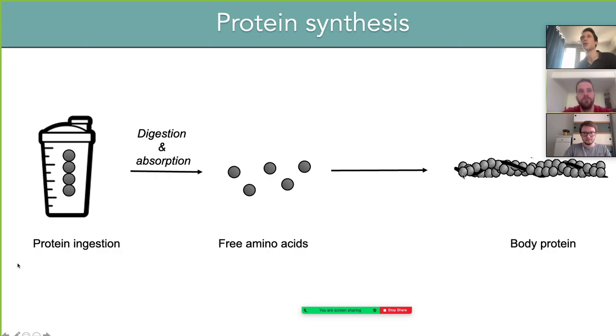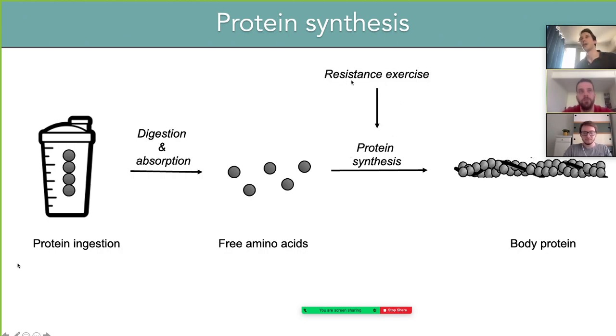These gray things are exactly the same as this one, but based on how you arrange them, you have completely different proteins with different functions. And then this process of turning these free amino acids back into proteins is called protein synthesis. And if that happens in muscle, then you talk about muscle protein synthesis.